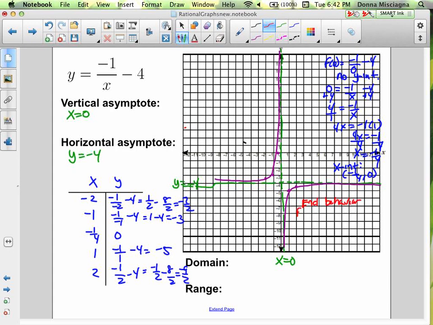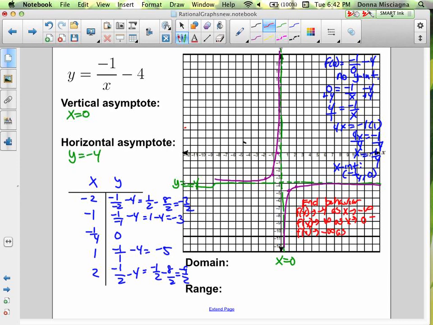So f of x approaches the horizontal asymptote, which is -4, as x approaches -infinity. It's going to approach infinity as x approaches 0 from the left-hand side. Notice it's reversed, and notice the numerator is negative.